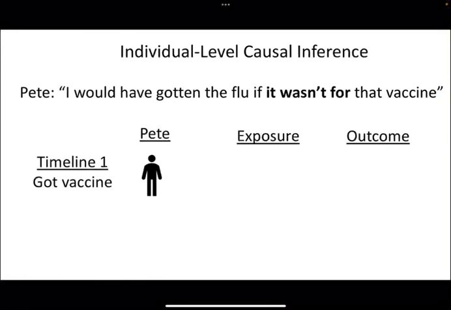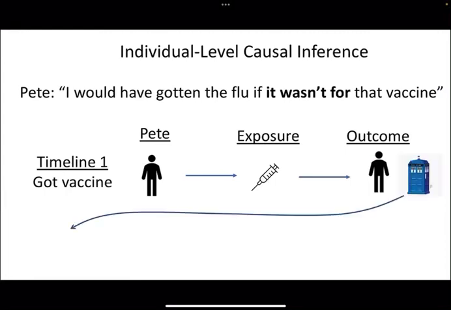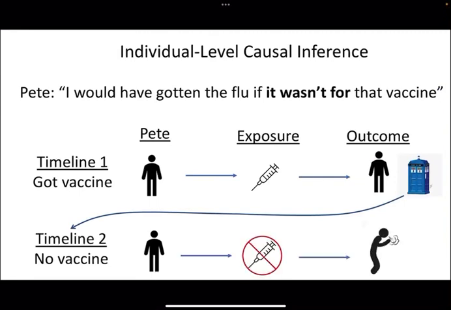So basically, what that looks like, we have this timeline 1 where Pete got the vaccine and he didn't get the outcome. If we were able to go back in time and play out that exact same course of events, except in timeline 2, Pete doesn't get the vaccine, and if we see that he got sick, that is a complete replication of the course of events.